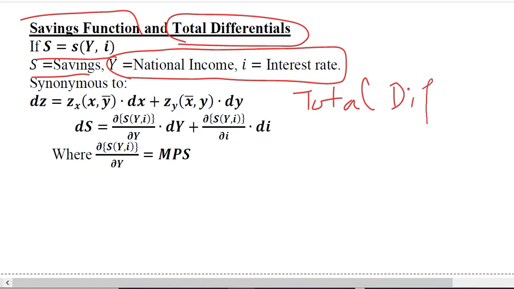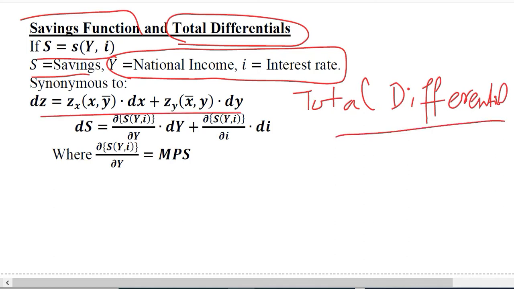We know about the formula and the way we solve total differentials. Here is the formula, and in this situation we will convert it into this form, which contains S as the dependent variable, and Y as an independent variable, as well as I, which is also an independent variable.